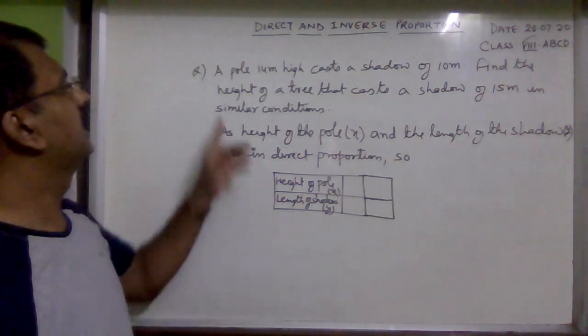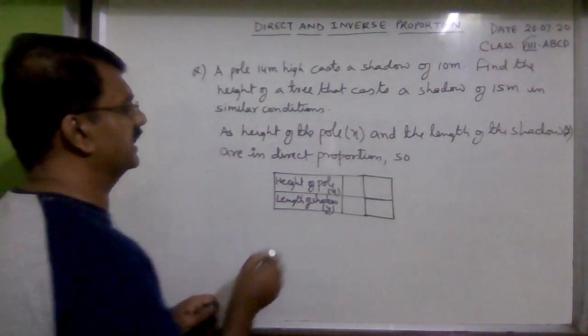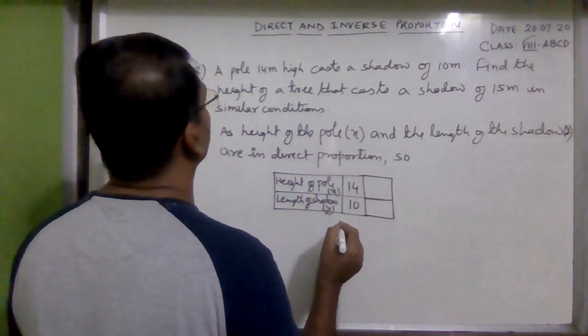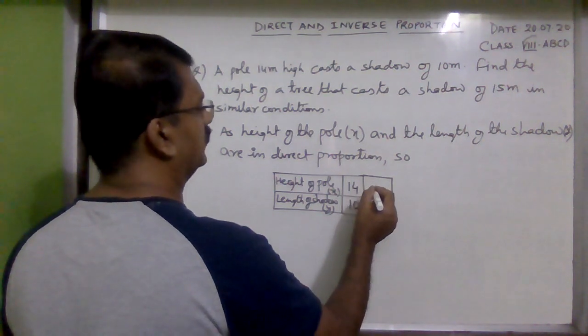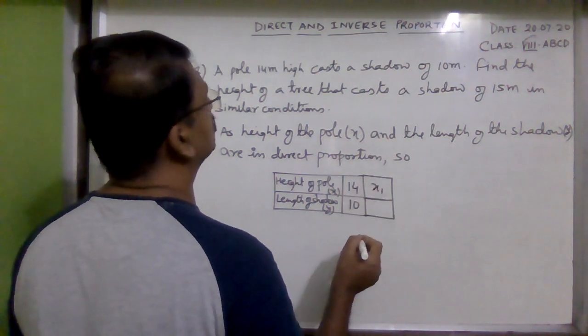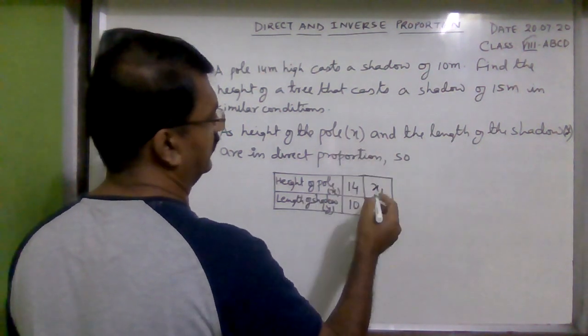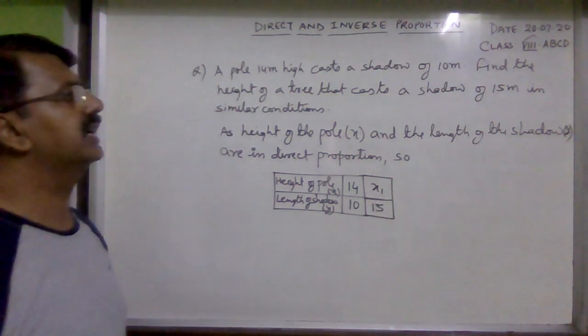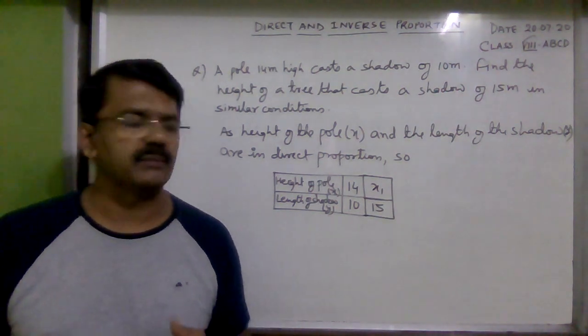Now it is given that a pole 14 meter high, so this is 14, length of the shadow is 10. Now you have to find this x1, length of the shadow is 15 meter. Okay, they have given that the length of the shadow is 15 meter.